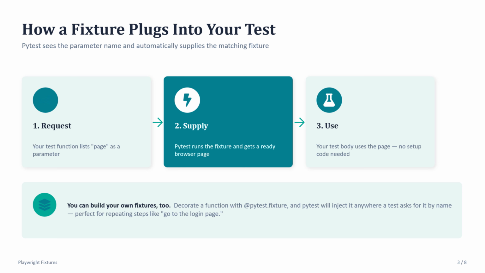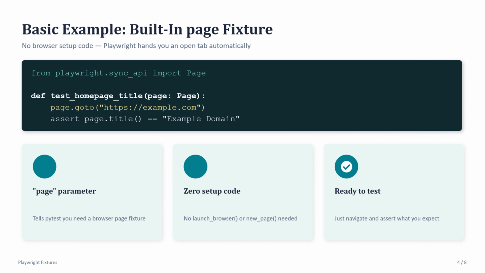Now, let me show you a basic example of the built-in page fixture so that you can understand more around these fixtures. So far, what we are doing in this series is that there was no browser setup code. We haven't written a single line of code to set up the browser. Playwright hands you an open tab automatically.